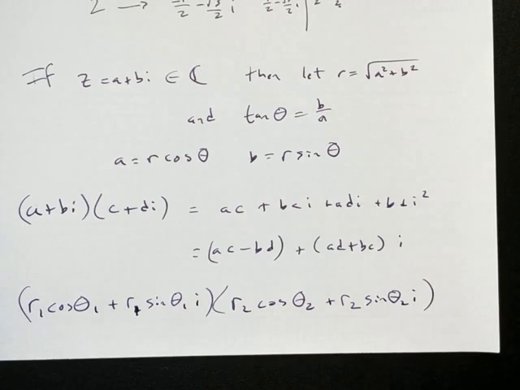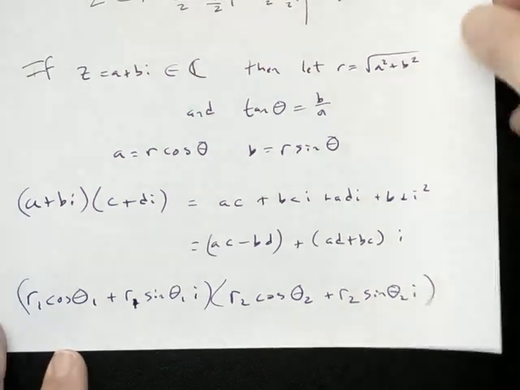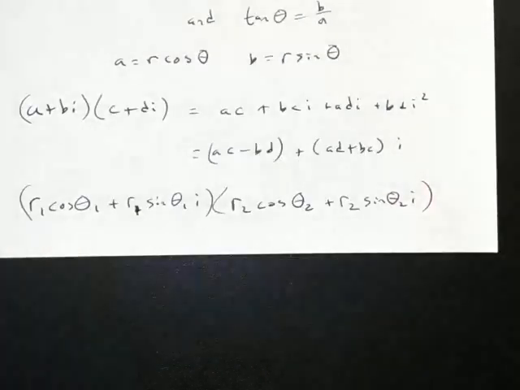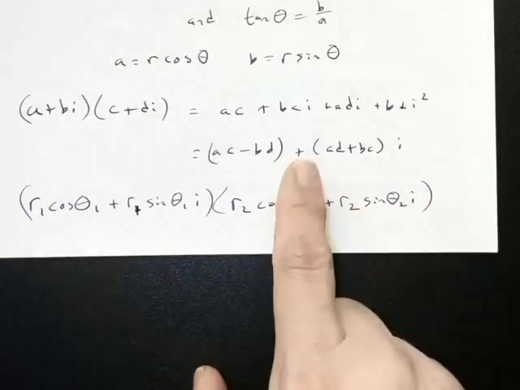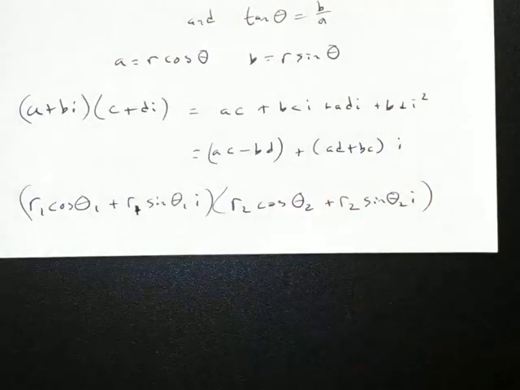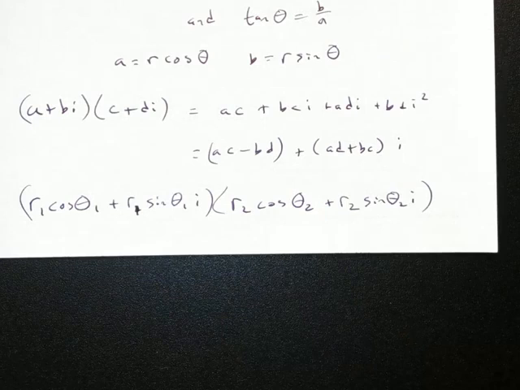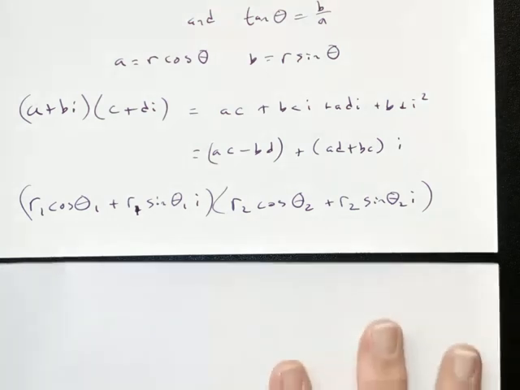What is that after the second R? 1. I started to write 2 and then realized it was wrong. It should be 1. So the first one is r1 and theta 1. The second one is r2 and theta 2. I could do all the same junk, right? And I could multiply everything through and gather all my like terms exactly like we did up here. But notice that I'm going to have an R1 and an R2 in every single one of those calculations, aren't I? So really, I could factor that out, and I just get an R1, R2 in front of this whole thing of trig.